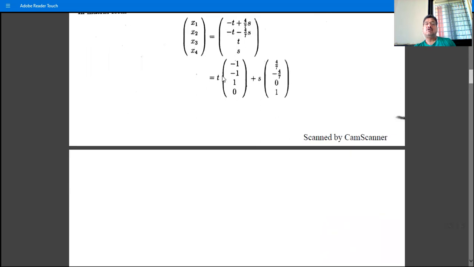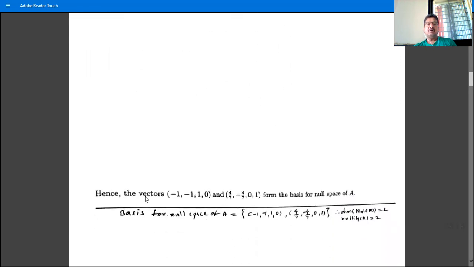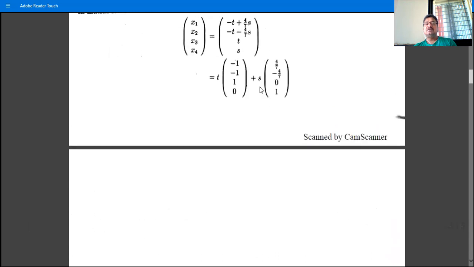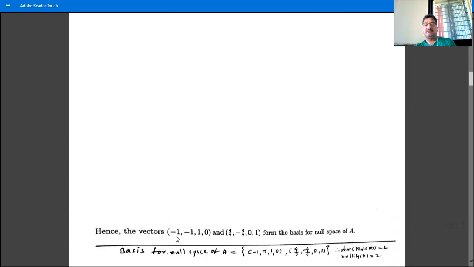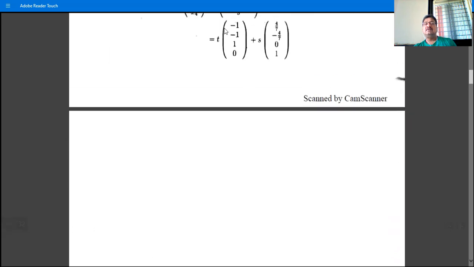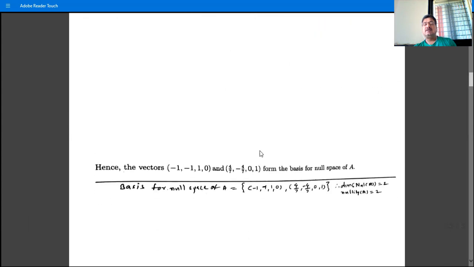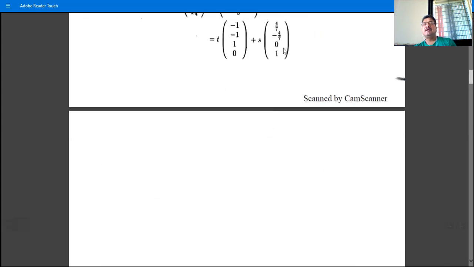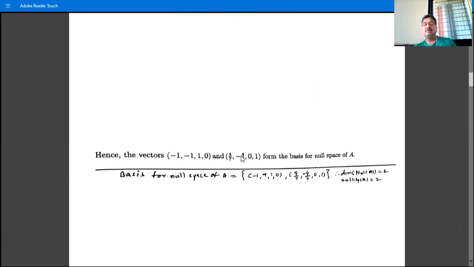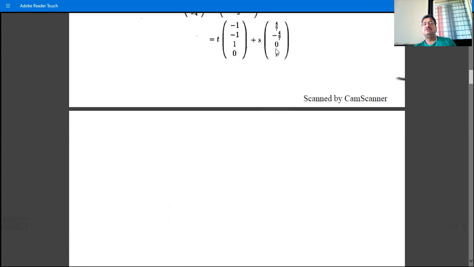Actually, this is the linear combination of these two vectors. Writing each column as a row vector, one vector is (minus 1, minus 1, 1, 0) and another vector is (4 by 7, minus 4 by 7, 0, 1).